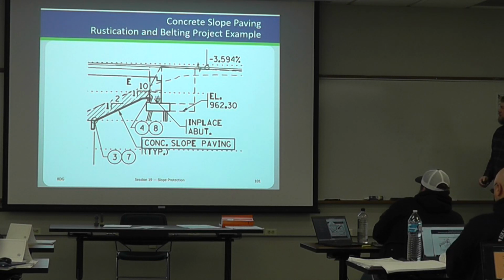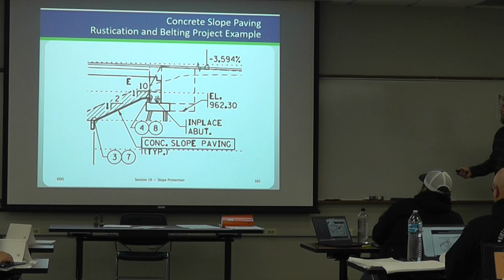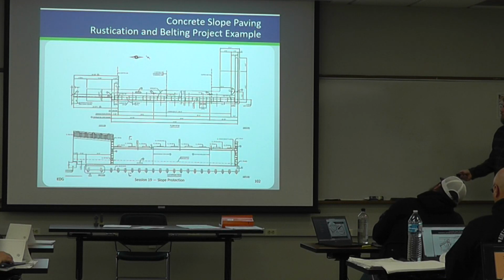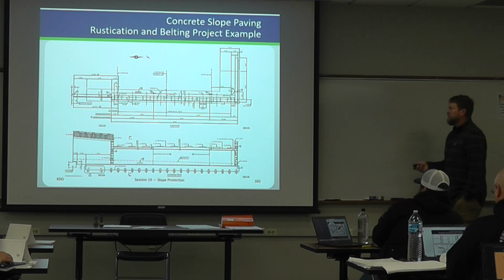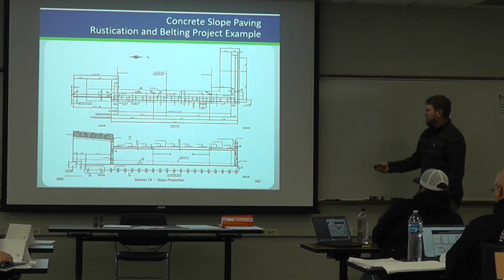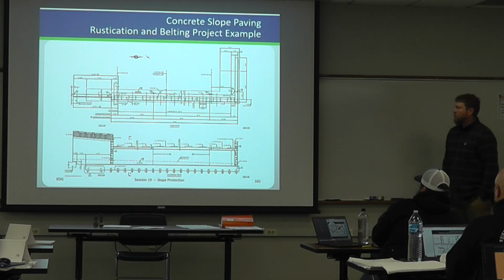So here's a project, a recent one. We called for 2-to-1 slope paving. You've got a semi-integral abutment here. Here's the plan. Now, based on what we just looked at for that belting detail, can anyone see any issues with how this is drawn? Might it conflict with that standard detail?